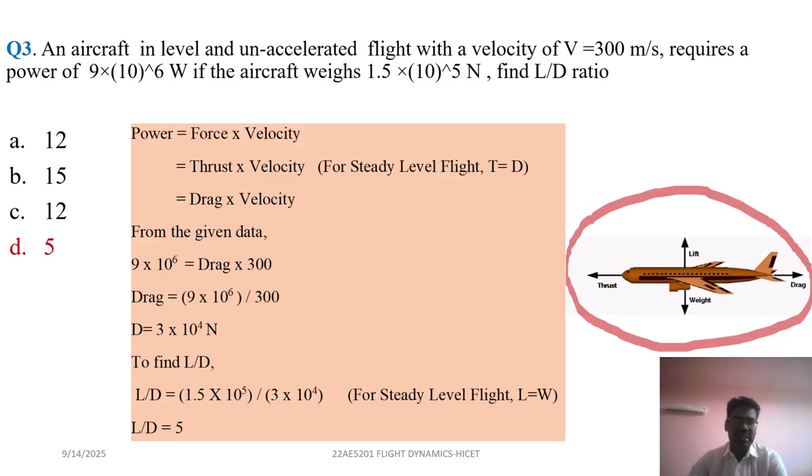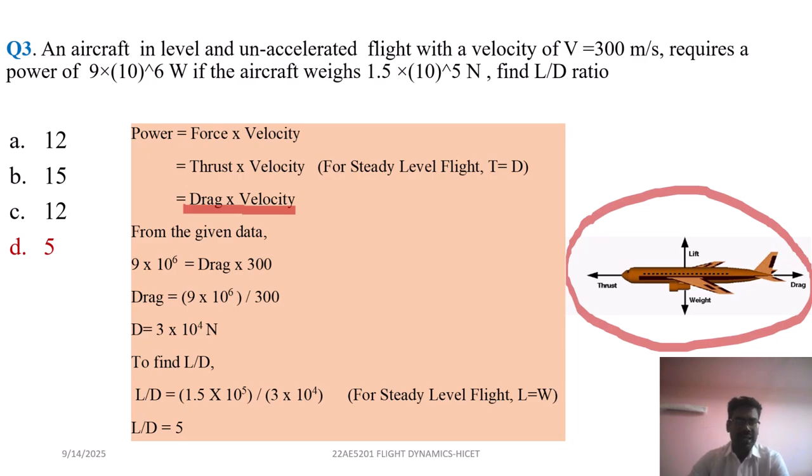So we know the basic condition: power is equal to force into velocity. The force can be thrust, multiplied by the velocity. For steady level flight, thrust is equal to drag, so drag into velocity. This is the formula we are going to use because we have to find the L by D ratio.